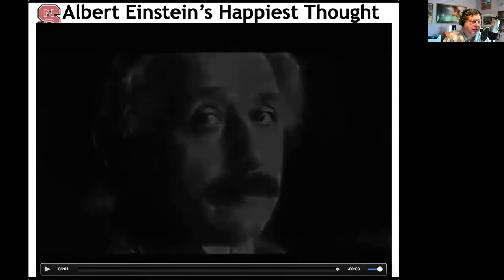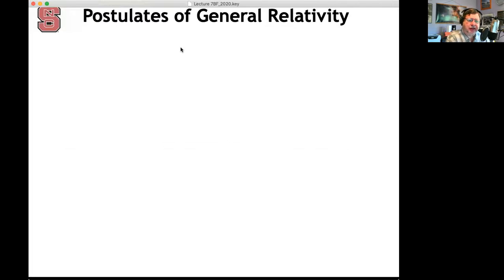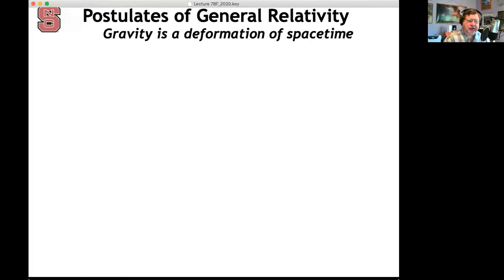So it's the shape of the universe, of the fabric of the universe, that causes gravitational acceleration. And that, again, makes no logical sense. So the postulate of general relativity is that gravity is a deformation of space-time. Space-time is another word for just the fabric of the universe.